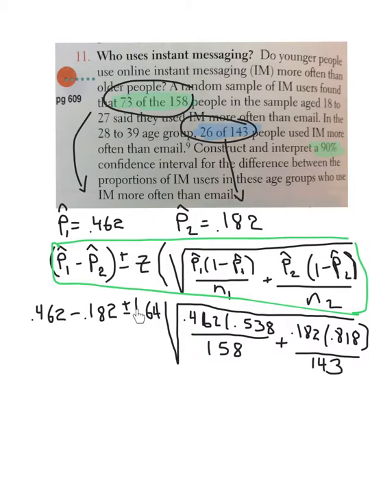We put that into second vars, inverse norm, and we're going to put 0.95 for our confidence interval. And then I just plug in these numbers here. Don't forget, this is the sample size for our first group and our sample size for our second group. And then we crank this number out.